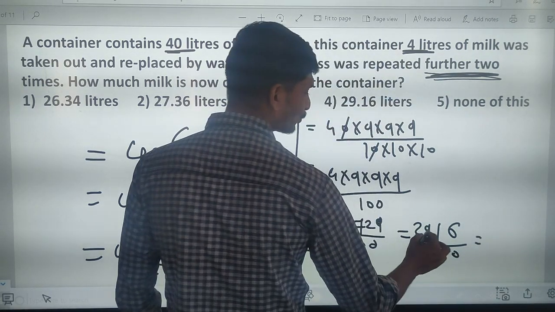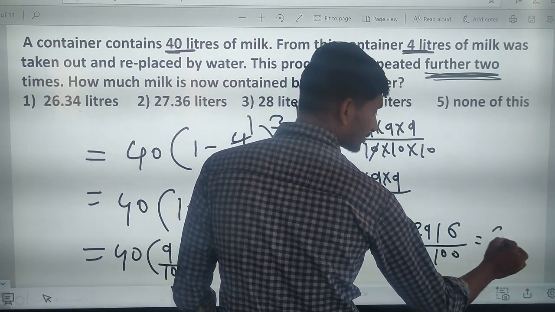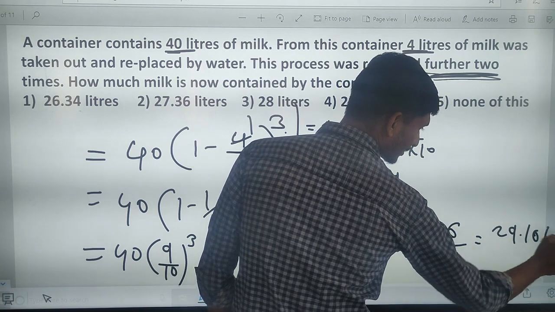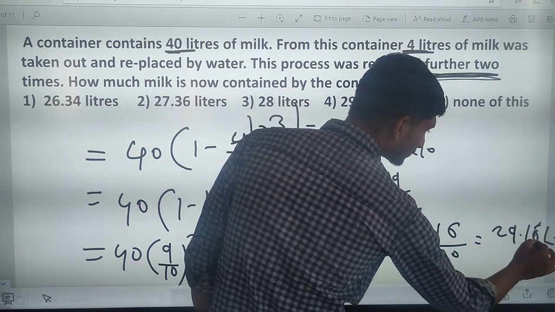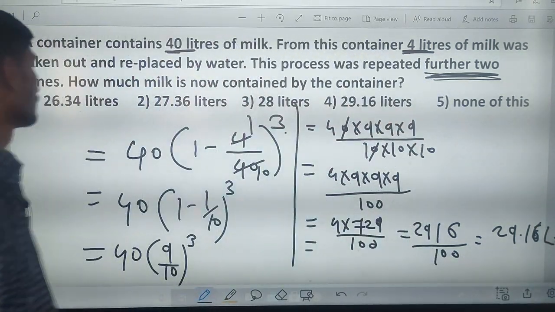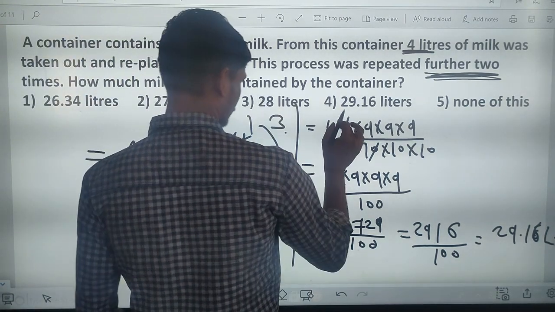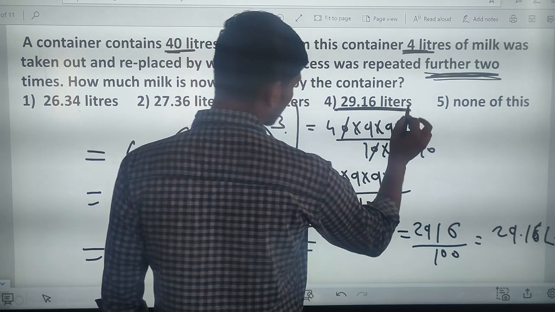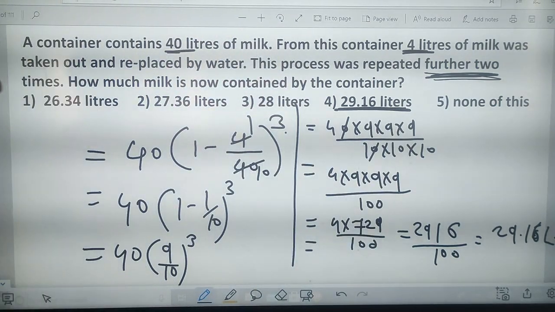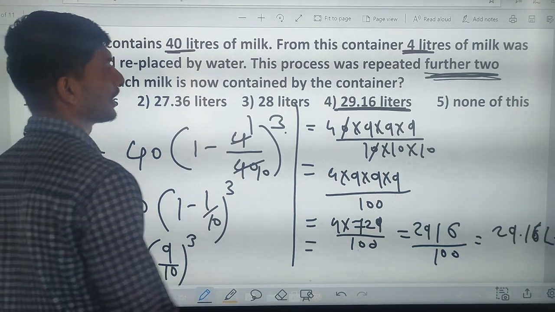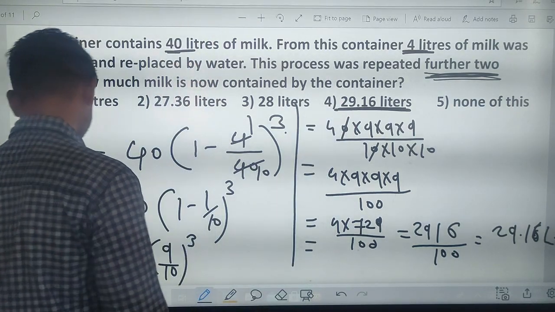Now 2916 divided by 100 is 29.16 liters. Now the milk in the container is 29.16 liters. So this much milk is available in the container.